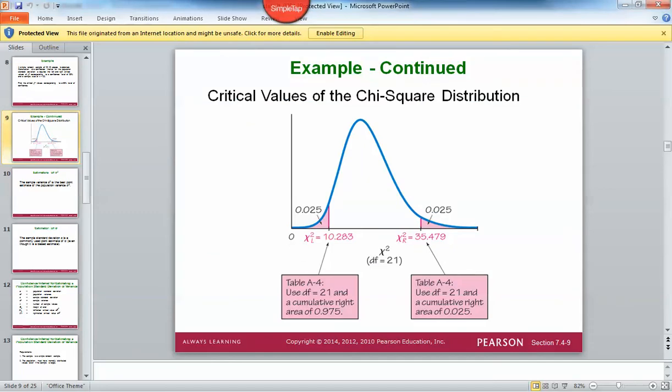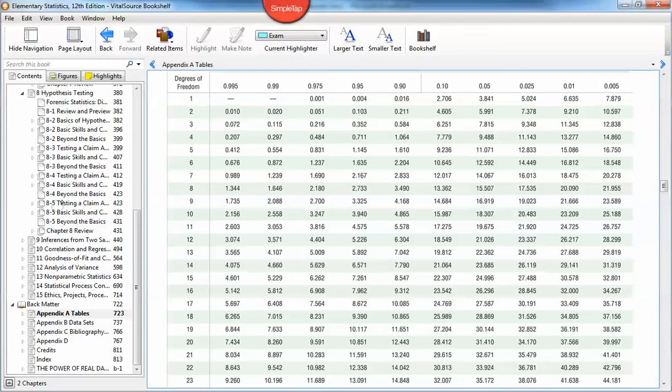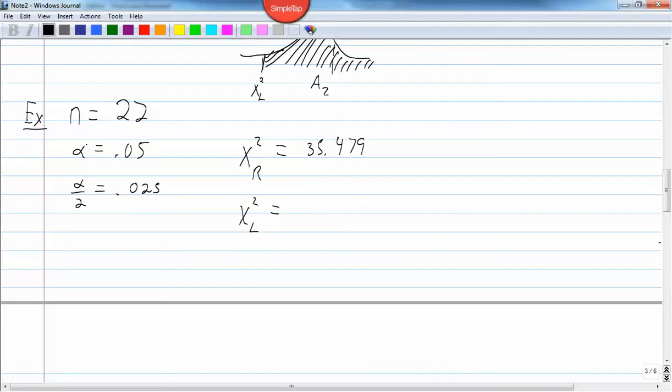Alright. And the left critical value is going to be in this column here, the 0.975 column, because that's the area to the right of this critical value. Go down to 21. It'll be 10.283. Alright, so that's how you find the critical values for a chi-square distribution.